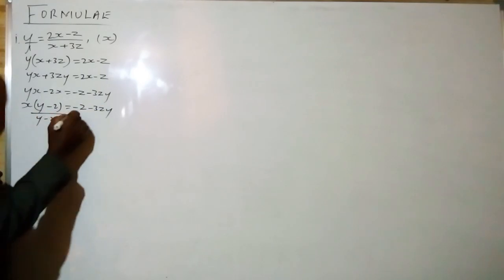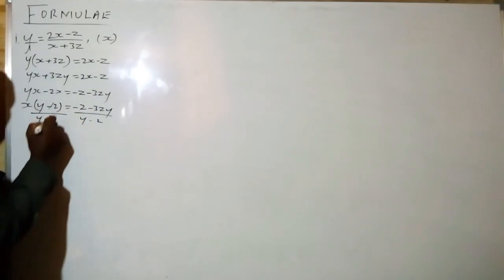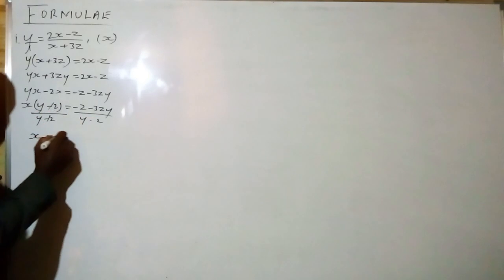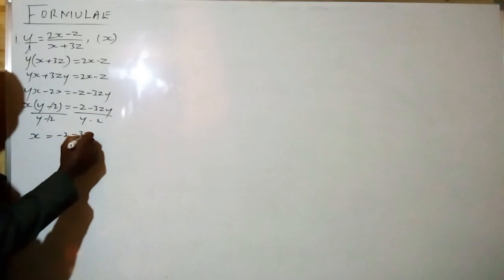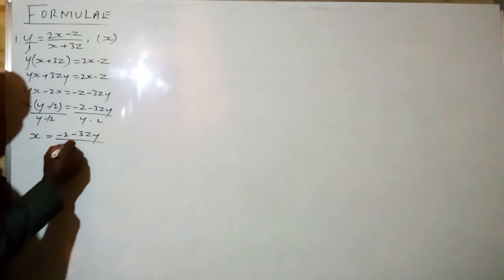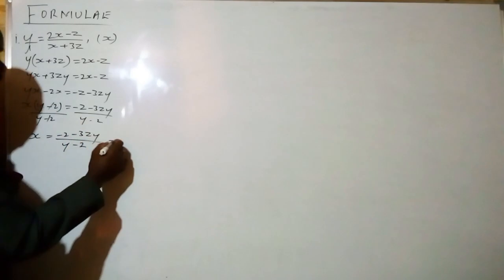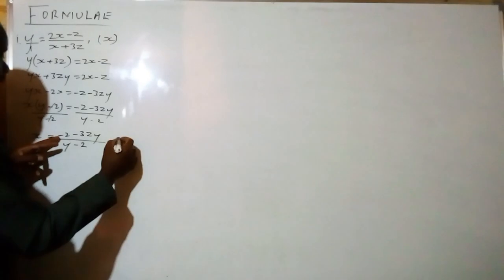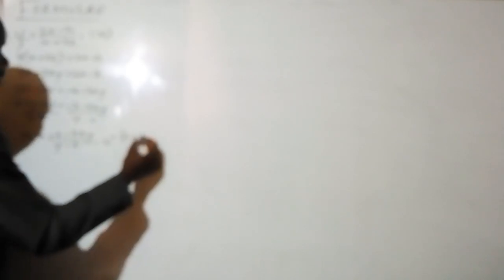Now x is equals to negative z, negative 3zy all over y minus 2, which is the same as taking the negative outside the bracket, because I can see negative and negative. Negative divided by negative is positive, so we have z plus 3zy all over y minus 2. That is the correct answer for that.